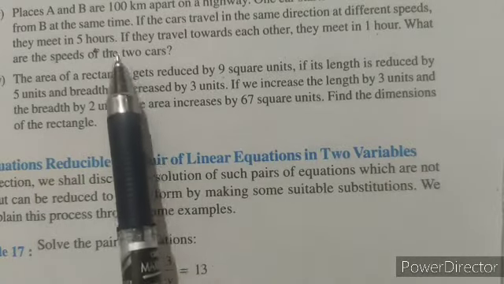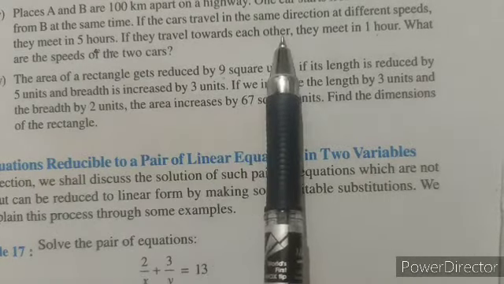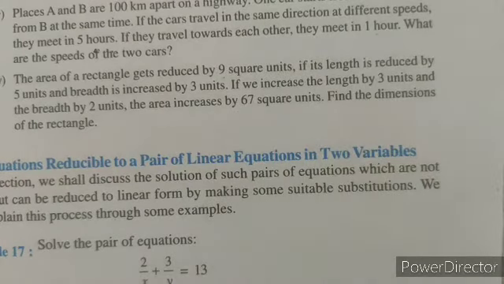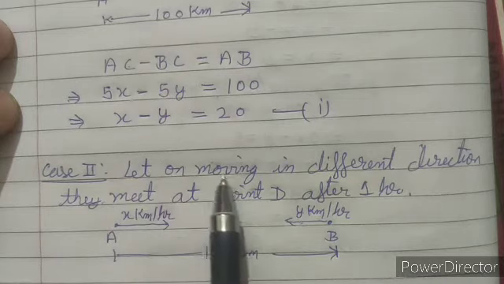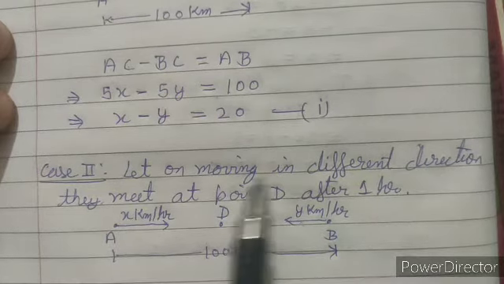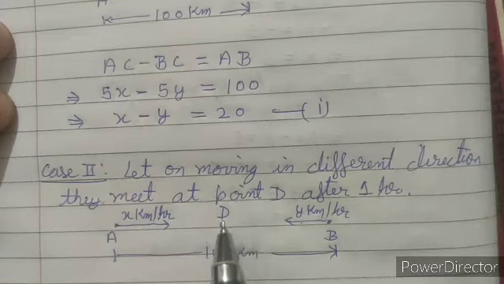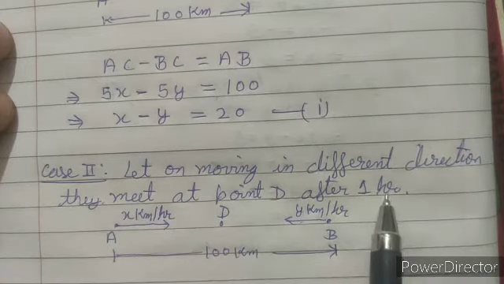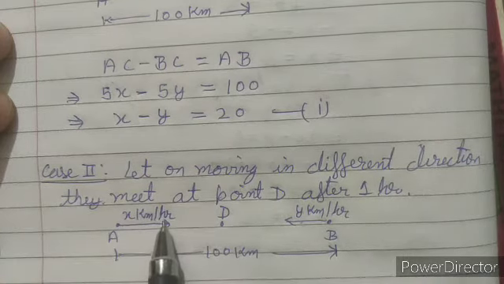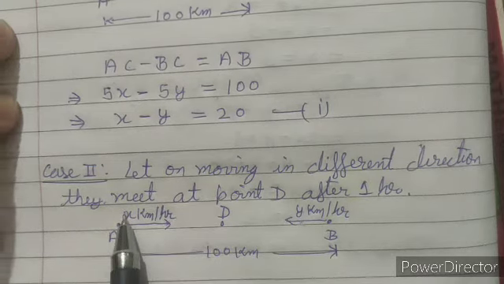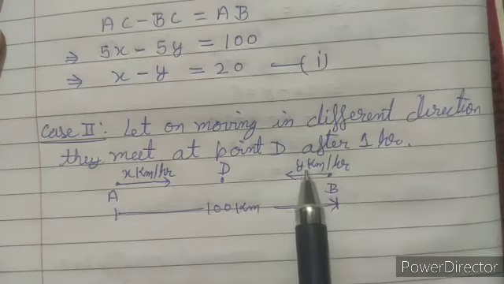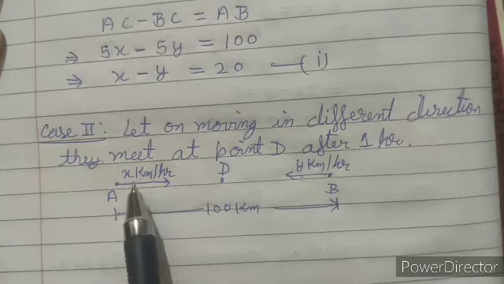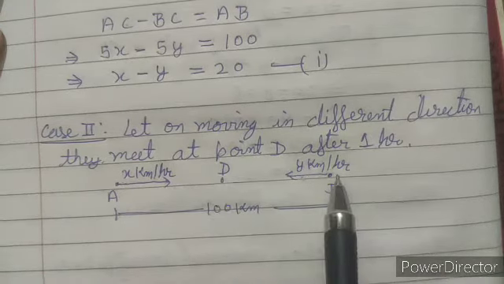Now in the second case, it is said that if they travel towards each other, they meet in 1 hour. So let us suppose that on moving in opposite directions, they meet at point D after 1 hour. Now A is moving with a speed of x km per hour, and B is moving with a speed of y km per hour. That means distance AD plus BD will be equal to AB.